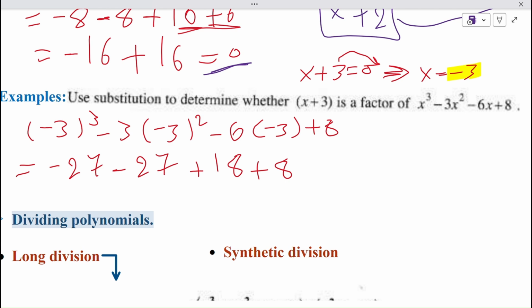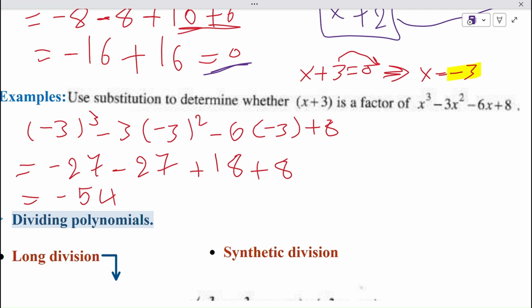Okay, here minus 27 and minus 27 is equal to, with 18 plus 18, minus 27 plus minus 27 is equal to minus 54.